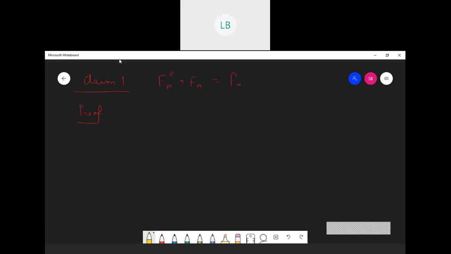So again, what is F_n(x)? We know it is f_n(x) minus the second derivative of f_n(x), and so on, up to plus or minus 1 to the power n times the 2nth derivative of f_n(x).